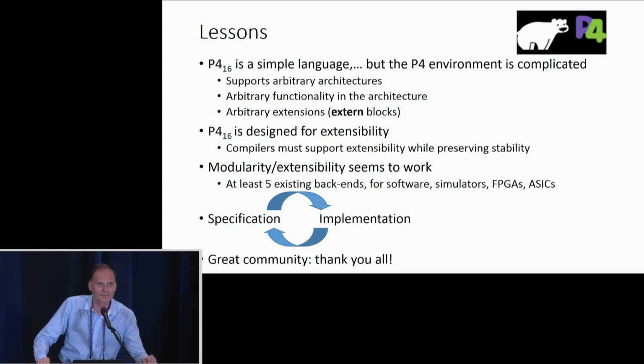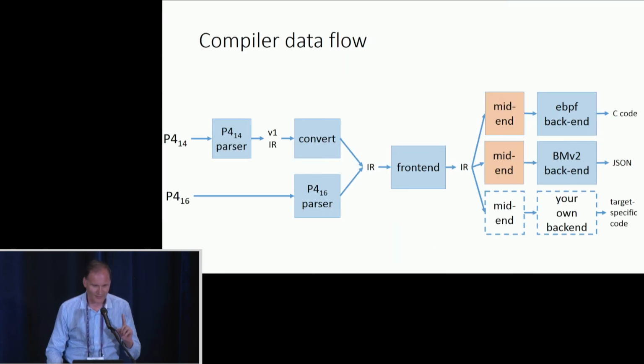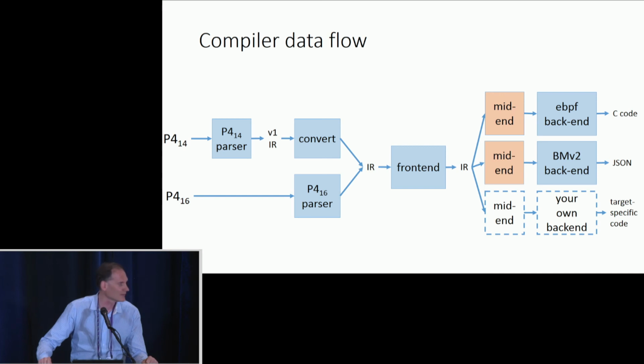Yes? Is the eBPF output part of the standard compiler, and how deep is it? I noticed one of the first slides had an eBPF output. Oh, so the question is about the eBPF compiler? So I'm not sure I know what your question is about. All right, so there's actually 2 eBPF backends I contributed to.